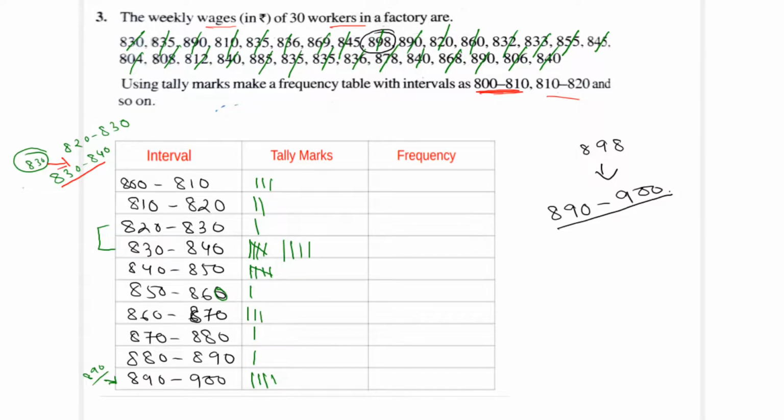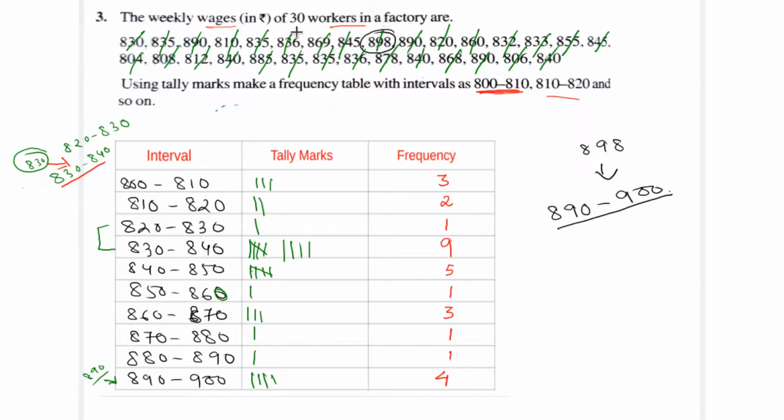Now here we have frequency 3, here 2, here 1, here 5 plus 4, 9, here again it is 5, 1, 3, 1, 1, and the last one is 4. Now we have got our frequency distribution table.